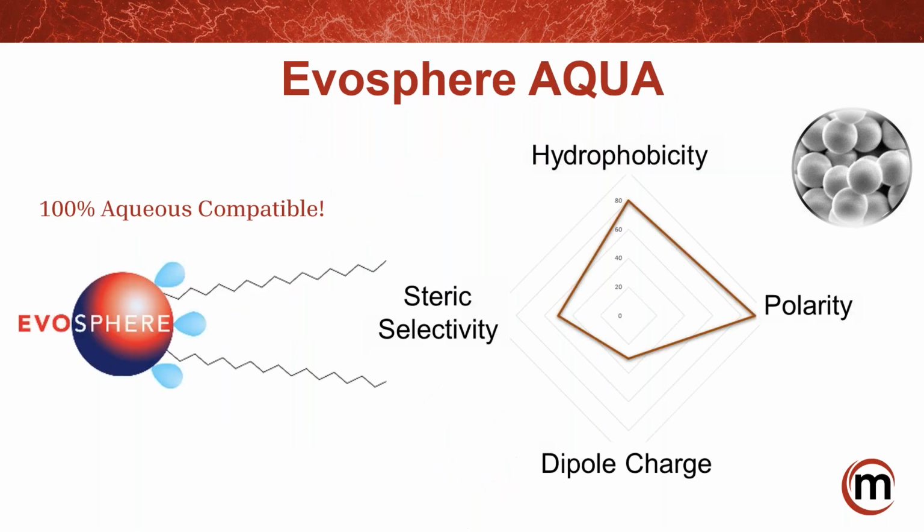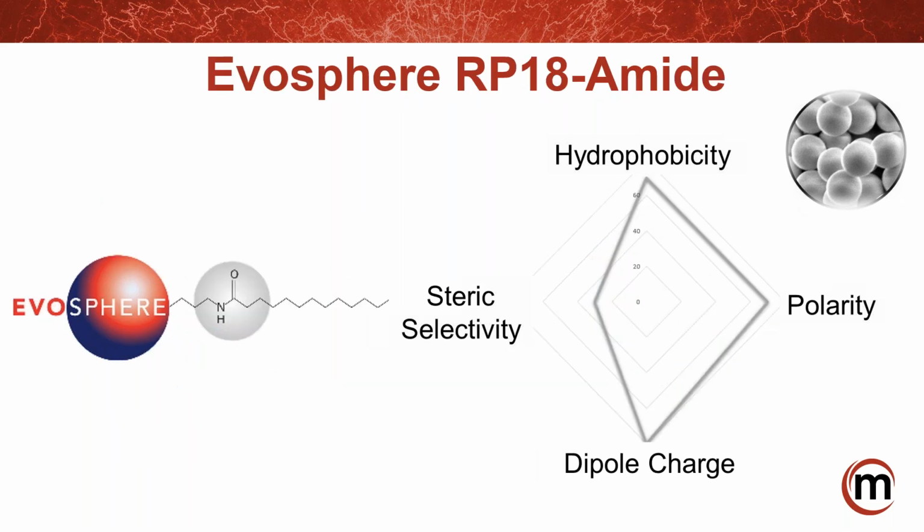For the Aqua, this is in polar end capping, and that gives you more retention for some moderately polar compounds, and it's named Aqua because it can use 100% aqueous mobile phases. RP18 amide for some of these new structural nitrosamines and also for bases at low pH.